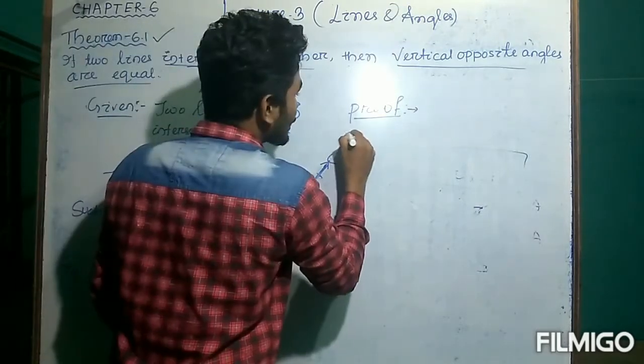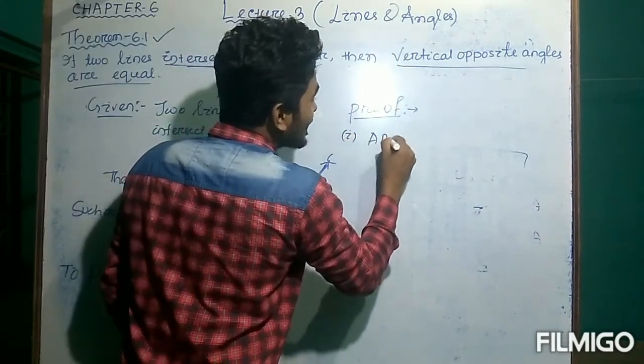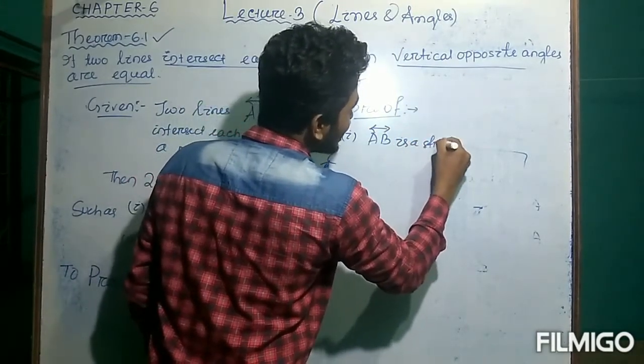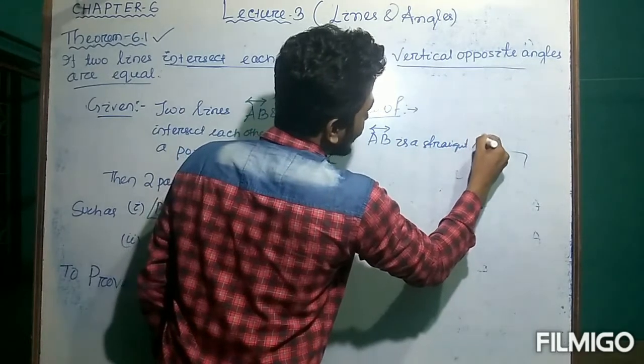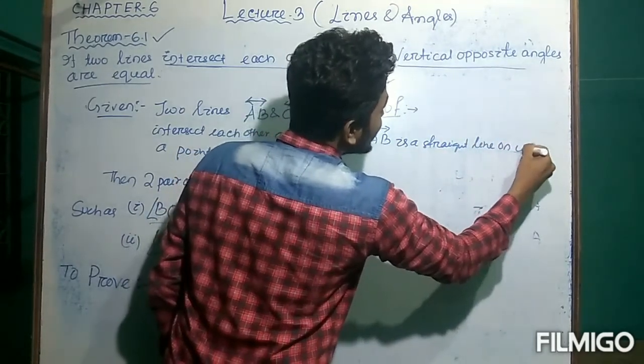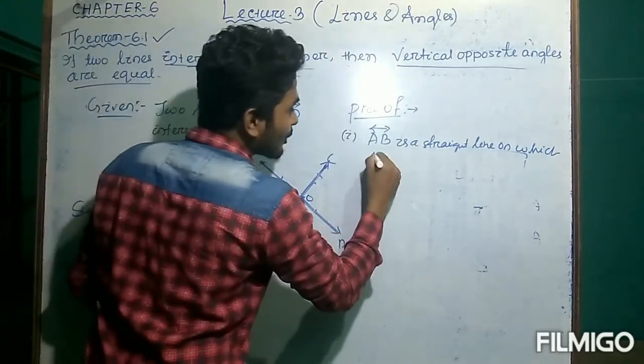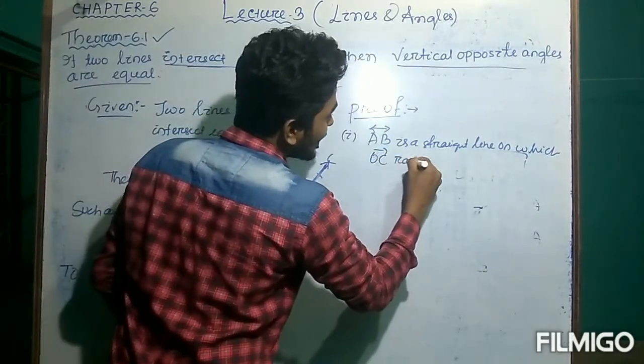So write it. AB is a straight line, on which OC ray stands.